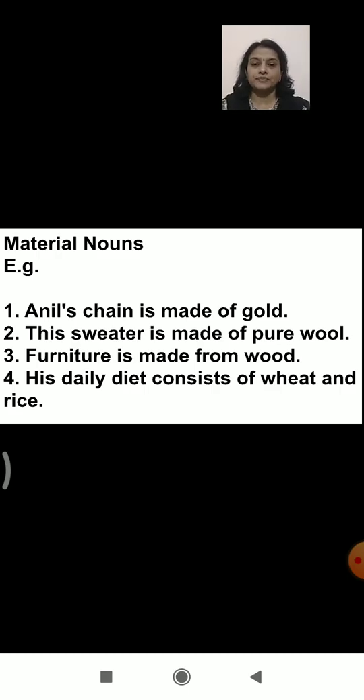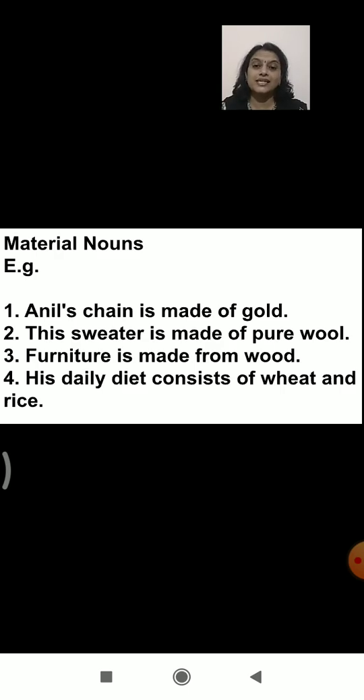Then, furniture is made from wood. So the furniture is made from what? Wood. So wood is a material noun. Then the fourth sentence: his daily diet consists of wheat and rice.